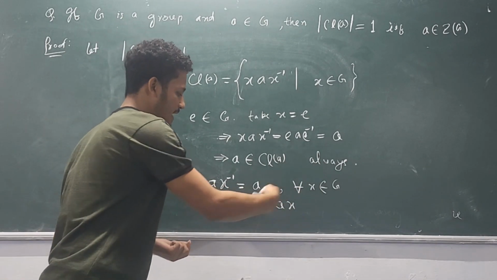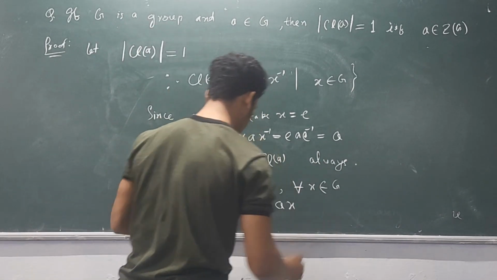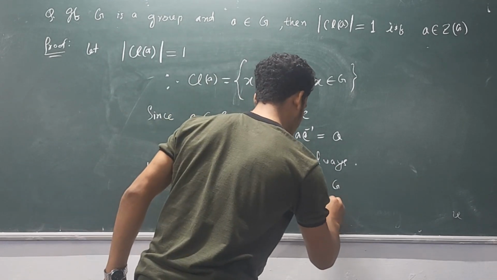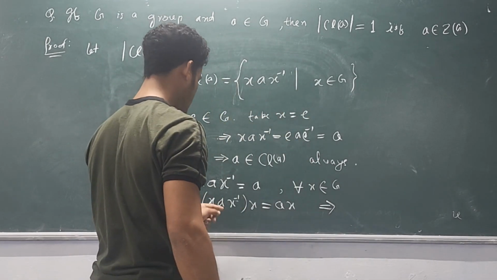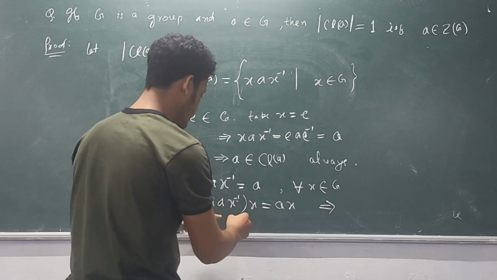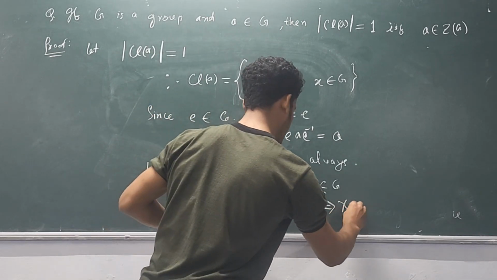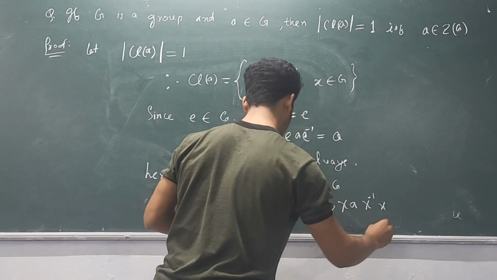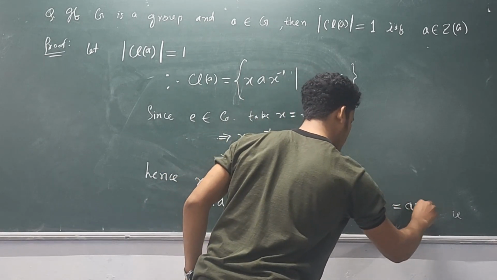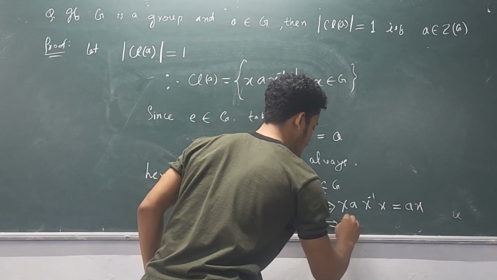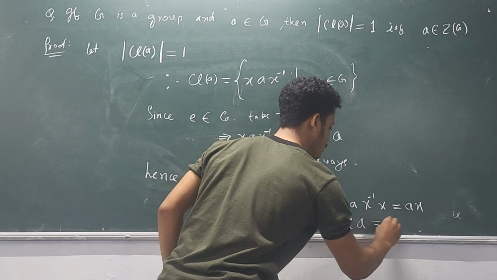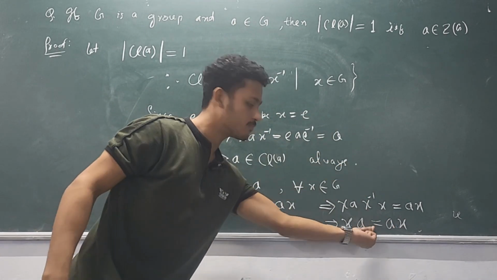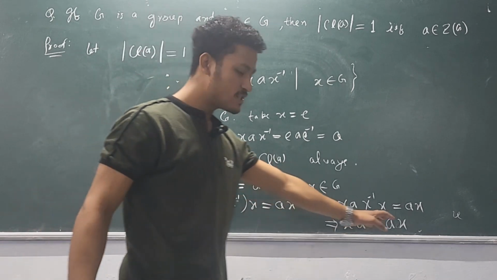Right multiplication by X. Now what will it imply? XAX inverse into X is equal to AX. This will imply XA is equal to AX, because X inverse X is the identity. XA is equal to AX.